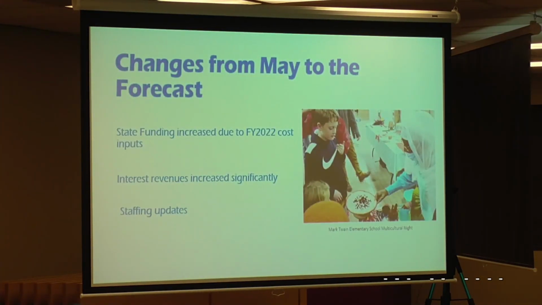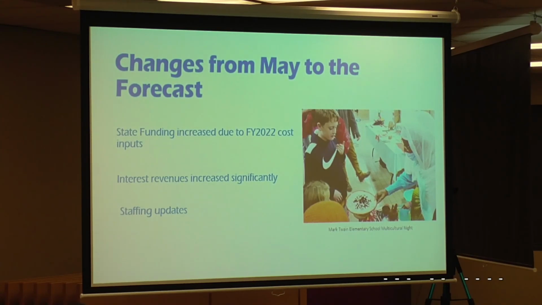Changes from last May to this forecast. So state funding was a big change. The state updated the inputs for the Fair School Funding Plan to the fiscal year 2022 costs. Previously, they had been using fiscal year 2018 base costs to calculate the funding formula.